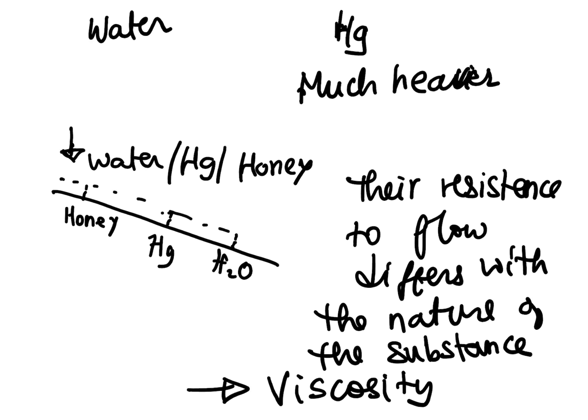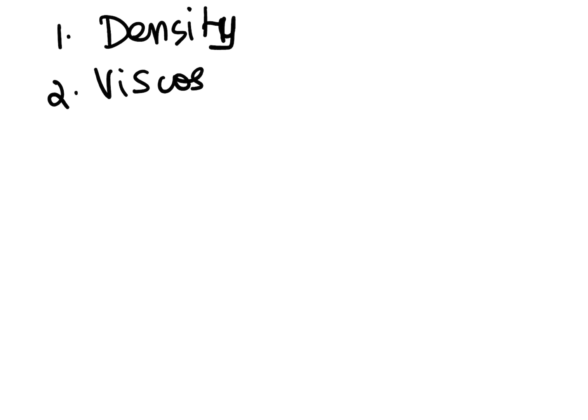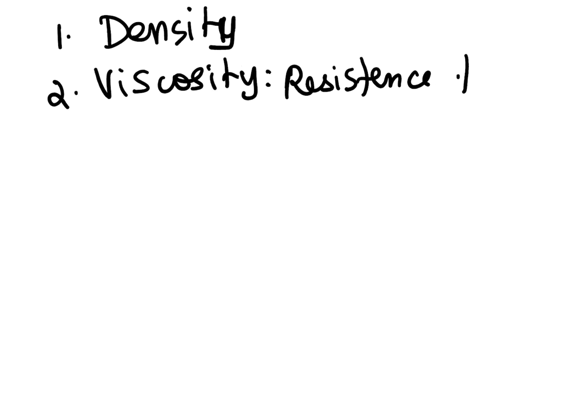By that, what you refer to is how easily they flow if they are subjected to a shear force. So the first property that we saw was that of density. The one that we are seeing now is viscosity, which is related to their resistance to flow.